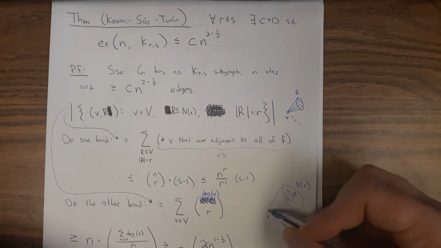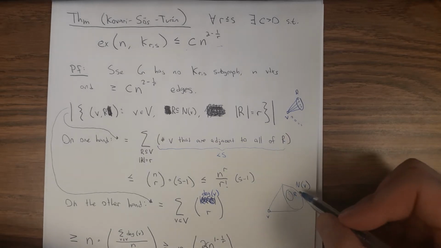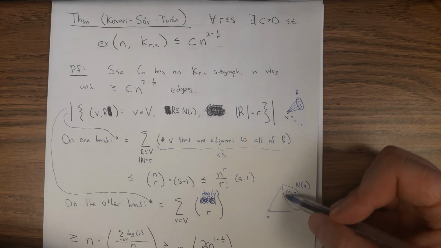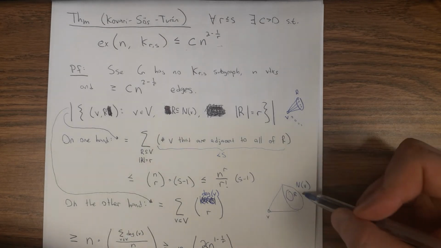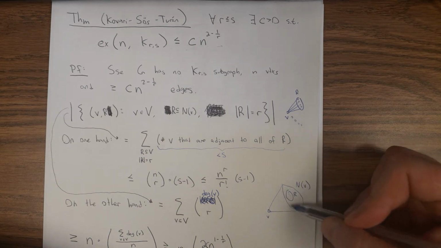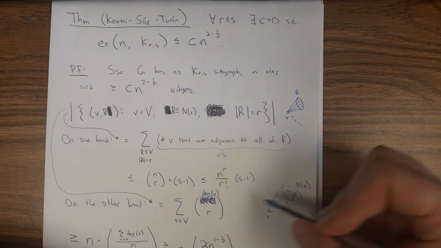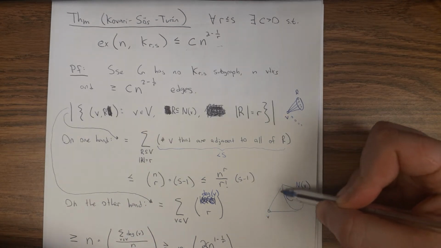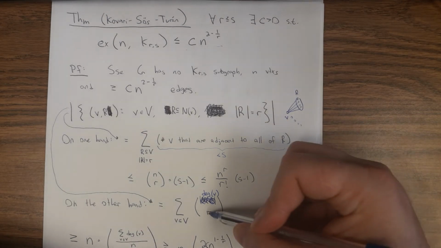The only requirement is that v is adjacent to everything in R. In other words, R is a subset of the neighborhood. How many subsets are there of the neighborhood? Well, it's just the number of ways to choose little r things out of this many things. So in other words, this is the degree of v, and I want to choose r.